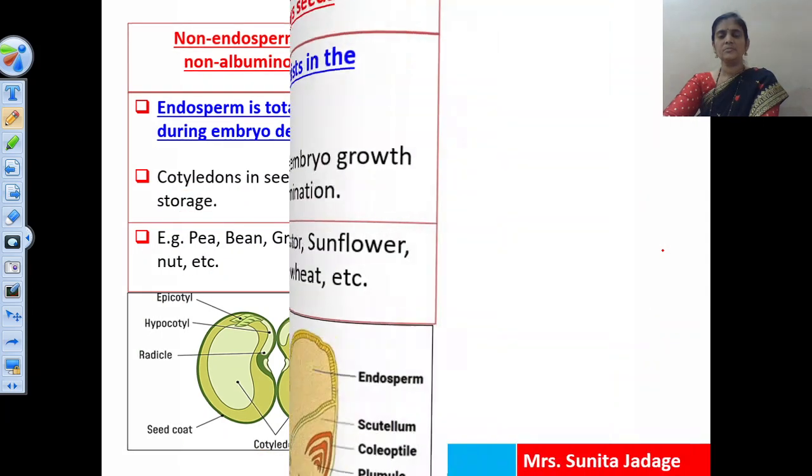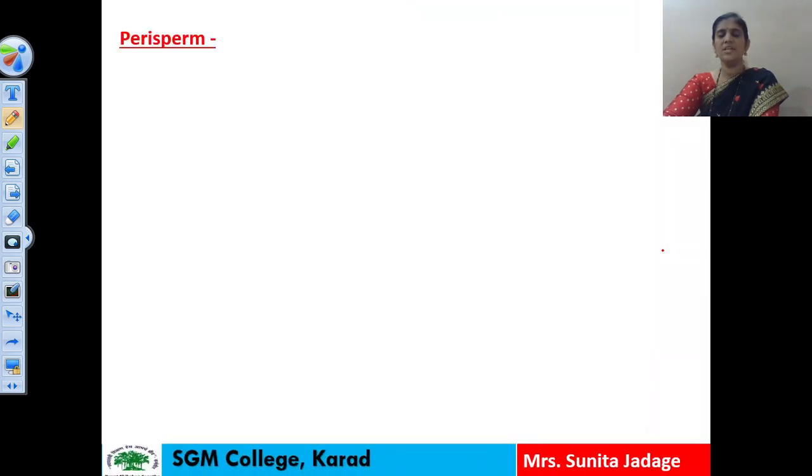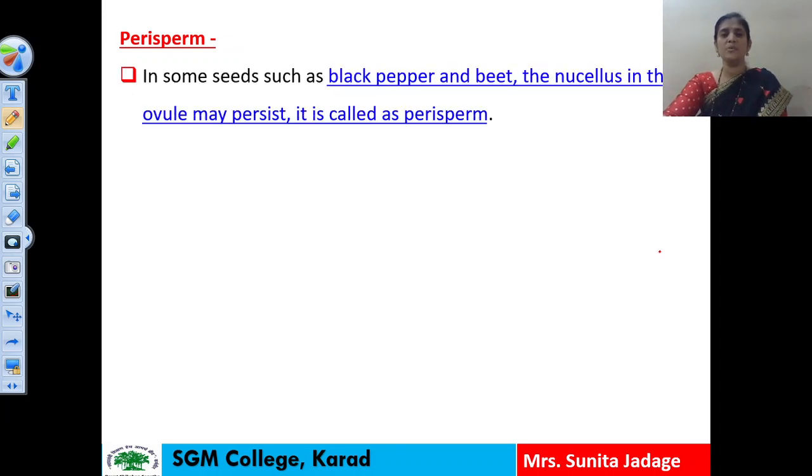Okay, now let us see the next point here. In some seeds the nucellus persists, and that is known as perisperm. So here in some seeds such as black pepper or beet, the nucellus in the ovule may persist.